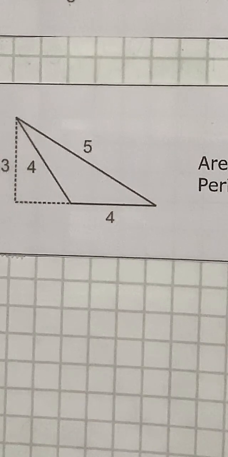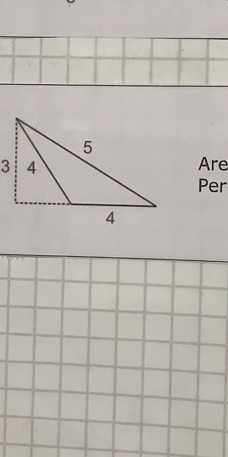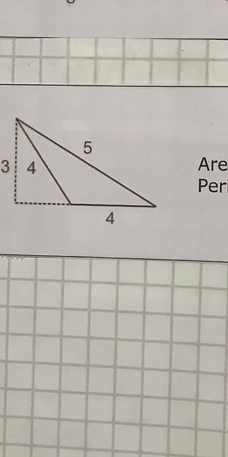Okay, wild guess, the perimeter of 15, area is 9. You're saying the area is 6.